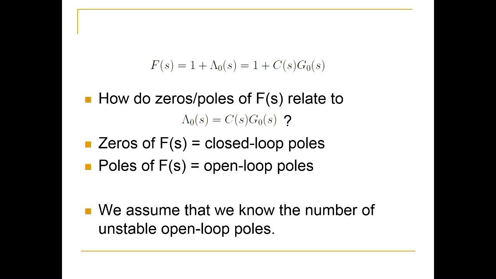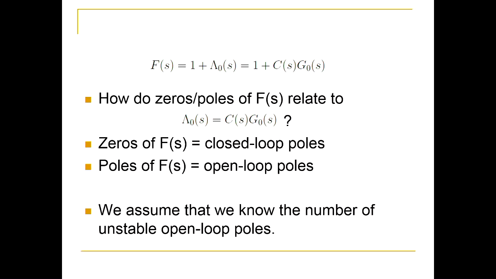So now the question that we are asking here is, how do zeros and poles of f of s relate to this open loop transfer function? Well, zeros of f of s are closed loop poles, and poles of f of s are open loop poles, right? But for lambda 0 or f of s, if we let s travel in the clockwise direction on the contour, on the imaginary axis we just need to replace s by j omega.